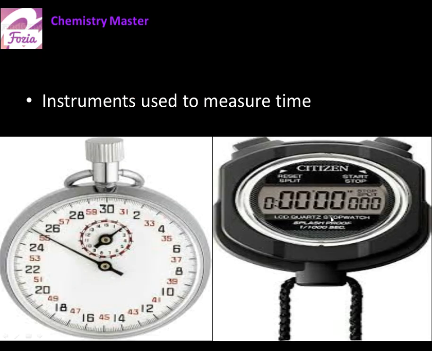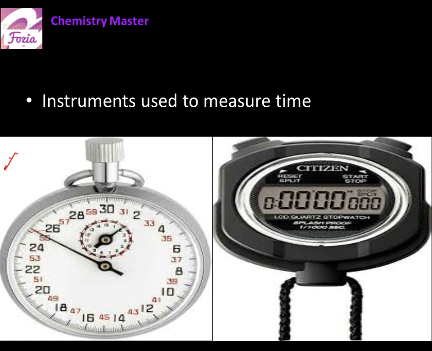The next thing to discuss is what instruments are used to measure time. When we perform an experiment in the lab, we don't use our wristwatches. There are instruments. In previous days, the stopwatches used for measuring time were not digital, and they were called analog.